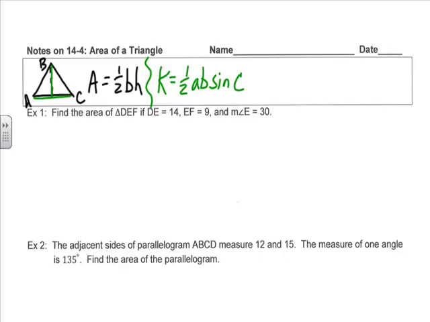Maybe you need to know what this height is, and if you happen to know what the length of one of the sides was, so if we just look at one side of this triangle, we have a situation where we know a hypotenuse and an opposite if we're looking at this angle, for instance. And so you can start to see how sine might be something that you use if you're in the process of trying to figure out what your height is.